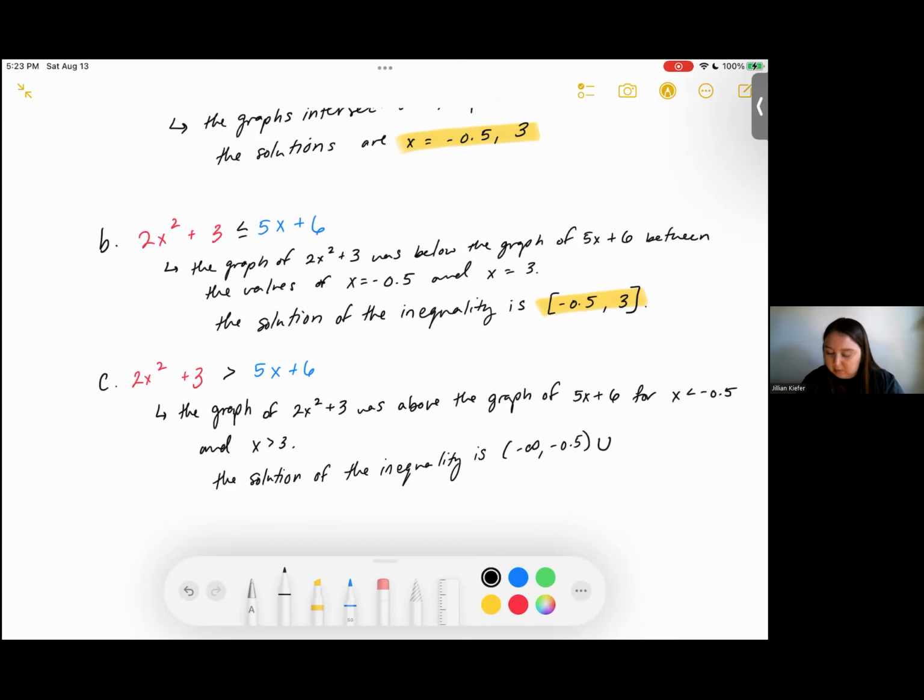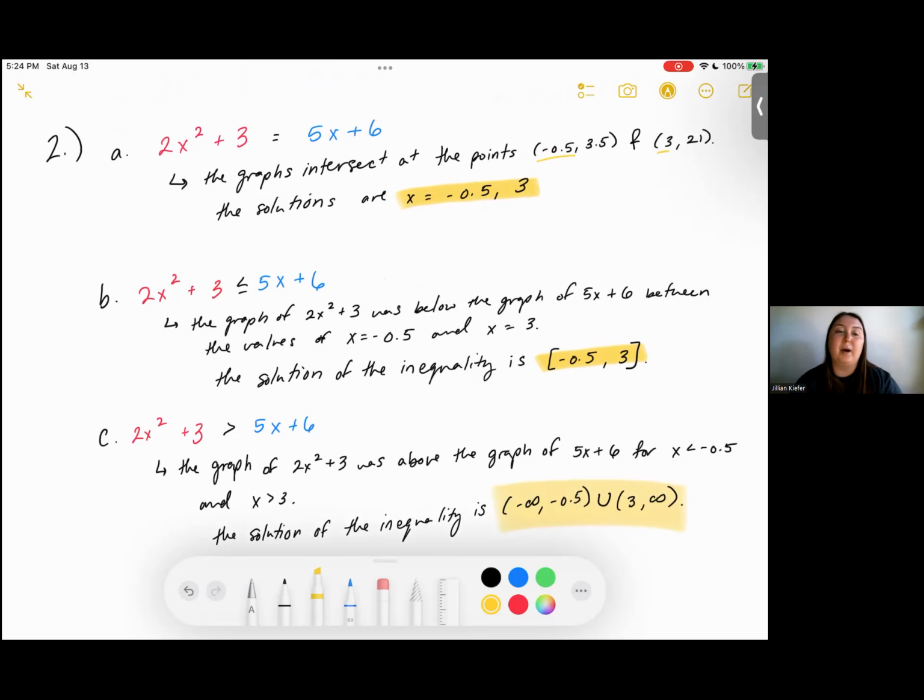And so we're going to write that union 3 to positive infinity. So everything has parentheses. We have a union connecting those two intervals, and that would be our solution there for part C. So that is how we would visually go about solving these types of equations and inequalities without doing really any algebra. So, all right, that wraps up example 2.